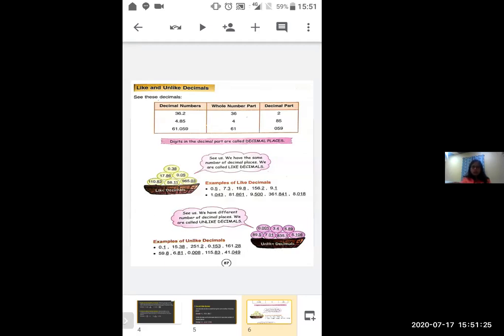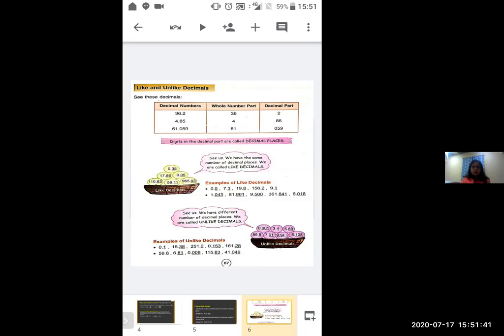Let's see some examples. Decimal numbers given here: 36.2, 4.85, 61.059.